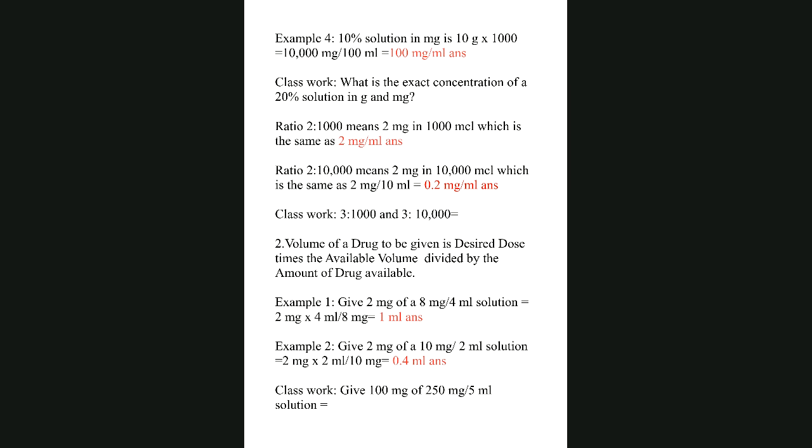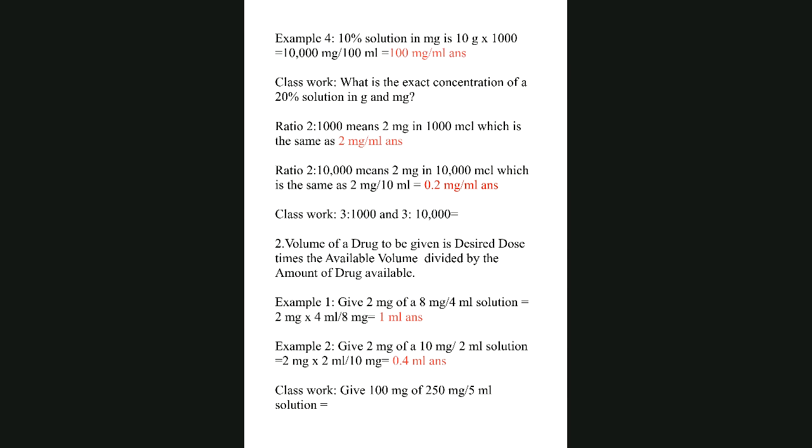The amount of drug present in that volume is 10 milligrams. So based on our formula, desired dose times available volume divided by the amount of drug we have, that would be 2 milligrams times 2 mils divided by 10 milligrams. And that would give us 0.4 mils. So 0.4 mils is what we would pull from that solution. All right.